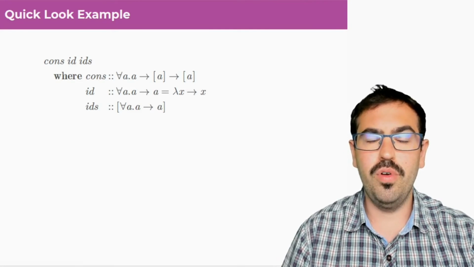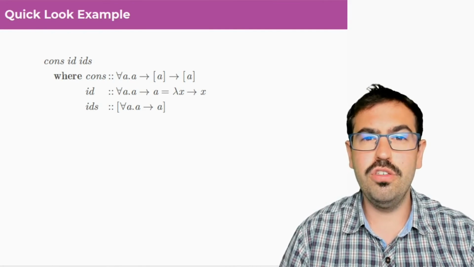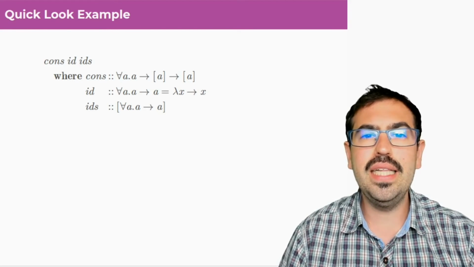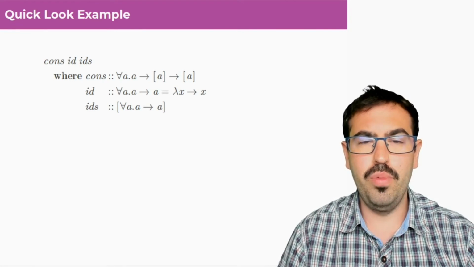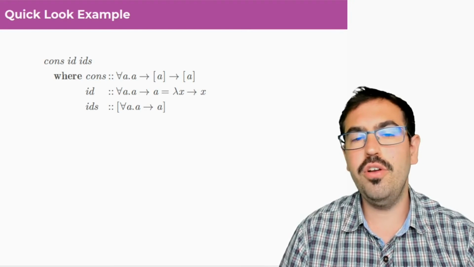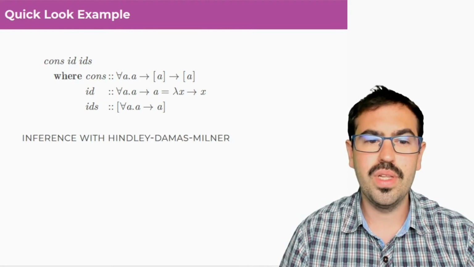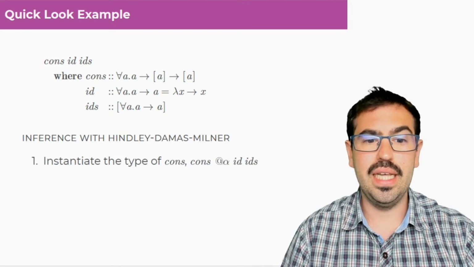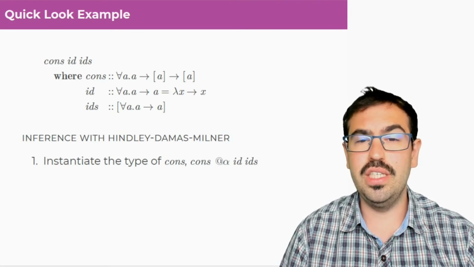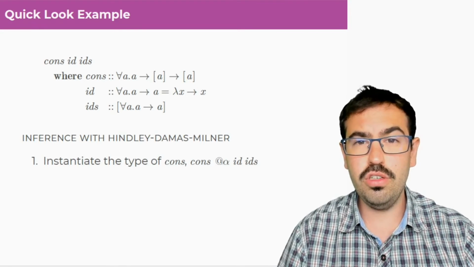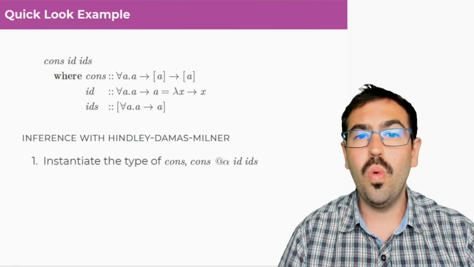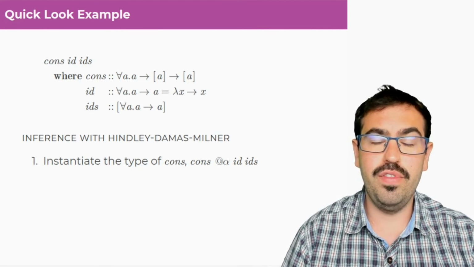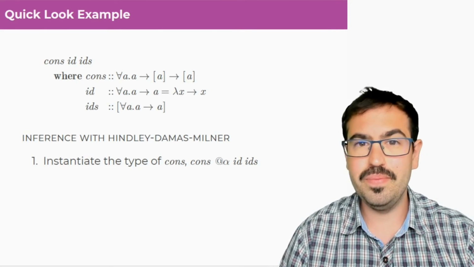Let me show you an example. For example, I have here cons id ids, where instead of using id directly, I'm putting this into a local binding, but here you can see all the types. If you do inference with Hindley-Damas-Milner, what will happen is that you instantiate the type of cons and you are introducing cons applied to one type variable you don't know. I'm going to call it alpha here, and then you have the arguments id and ids.